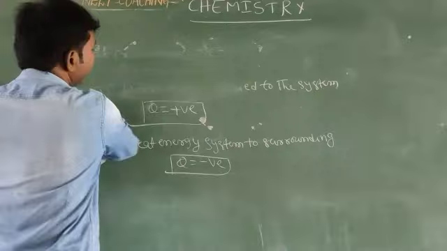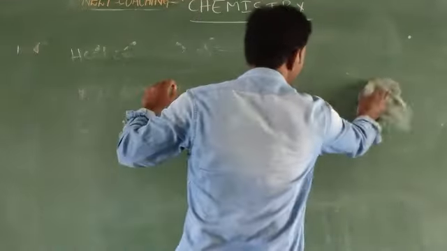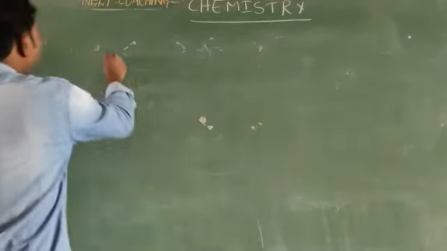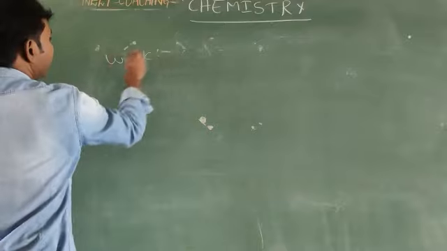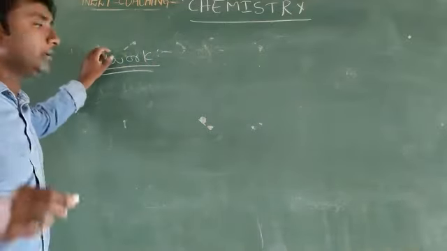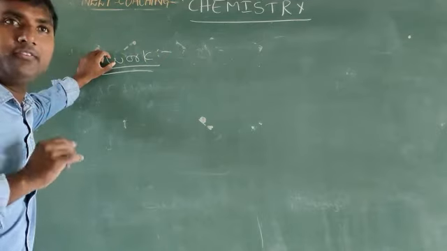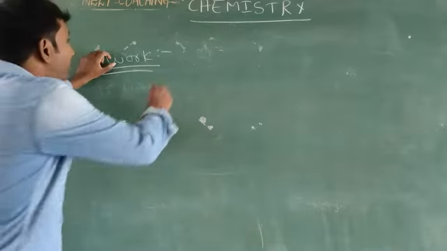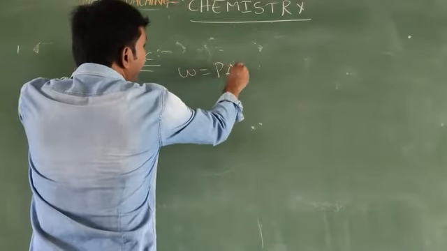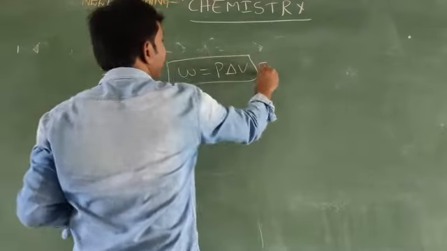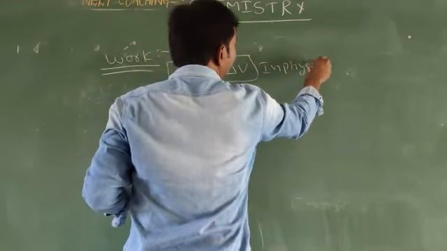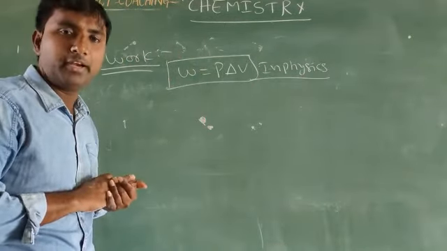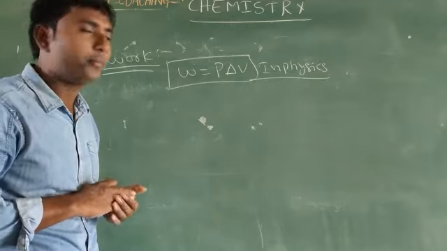Next one, work. Already in physics you know about work: W equals P delta V. In physics, work equals force times displacement, and force equals pressure times area, so that derivation is not needed.